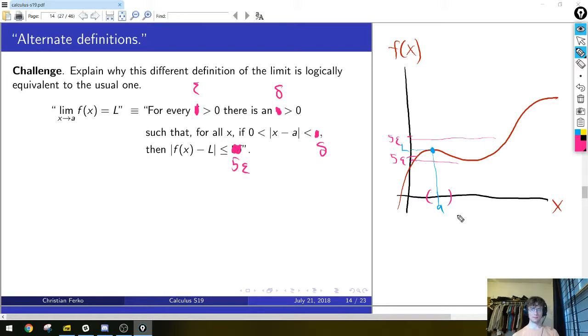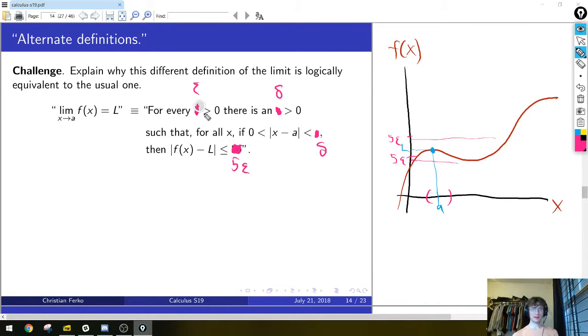Because our restriction on the domain only cares about the stuff that's within the vertical range of the domain's counterpart.